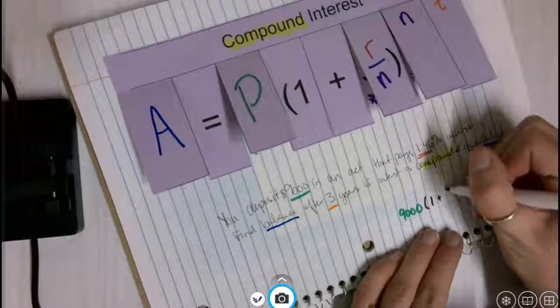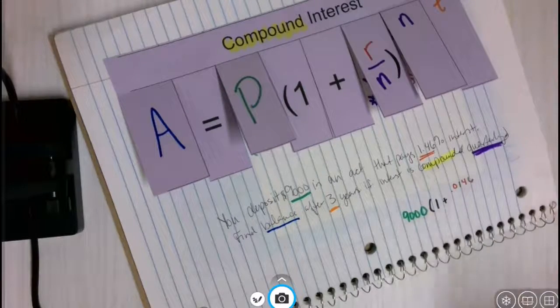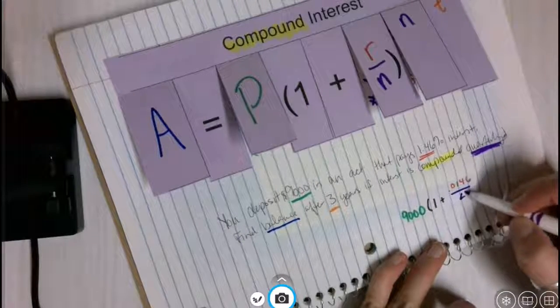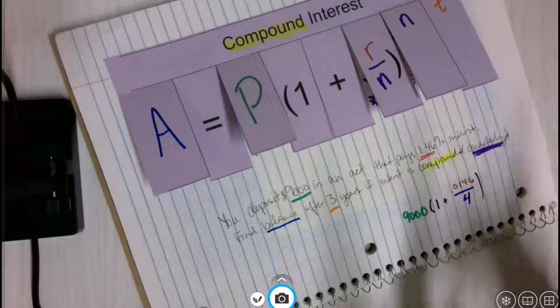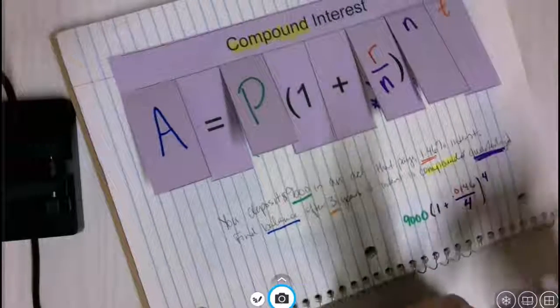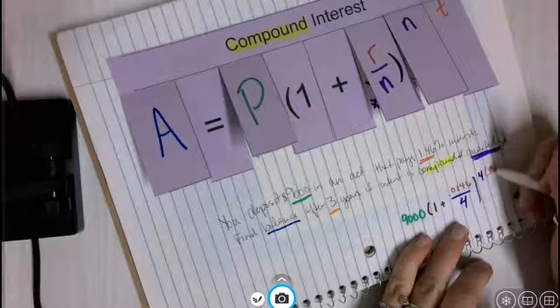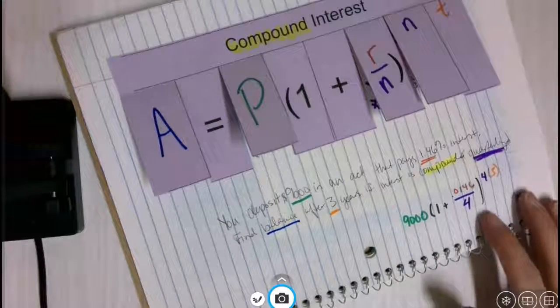So my rate becomes 0.0146. That N value was how many times per year, and quarterly would mean 4 times per year. And so that also comes into play in my exponent. And then I've had this money in the account for 3 years. What's my total? So now you can see I've got my problem completely laid out.